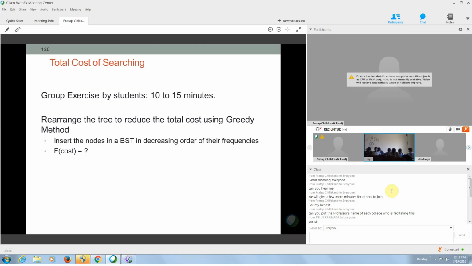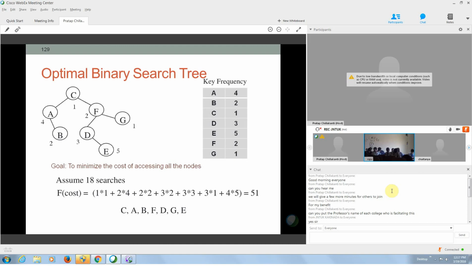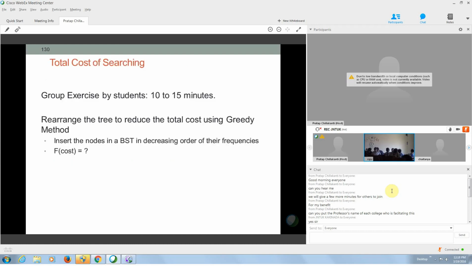So try to do this exercise again, not in the class today, but do it yourself. We did that in the class. See how you can redraw that binary search tree to make it more optimal than what it is, and use the definition that we need to access all the nodes.